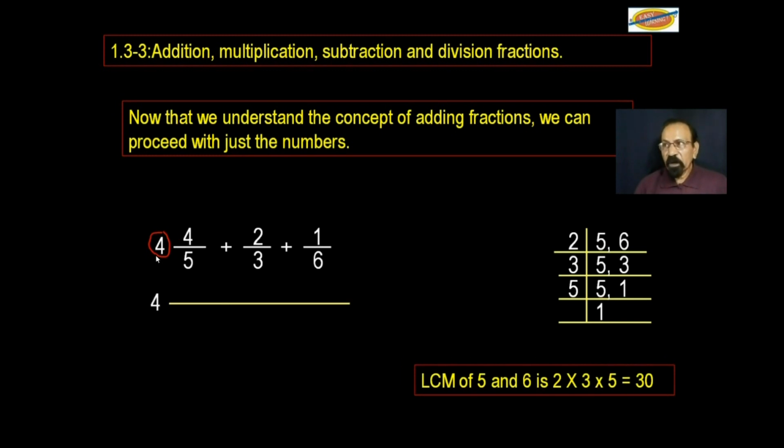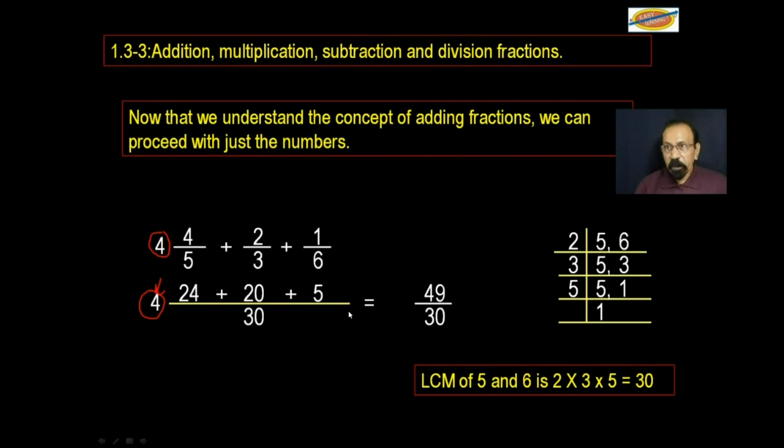Bring down that 4 because that 4 is a whole number. Put the 30 under here. And we do the same thing we just did. We get 24 plus 20 plus 5. Recall when we added these, we got 49 over 30. But we still have this 4 in front here.